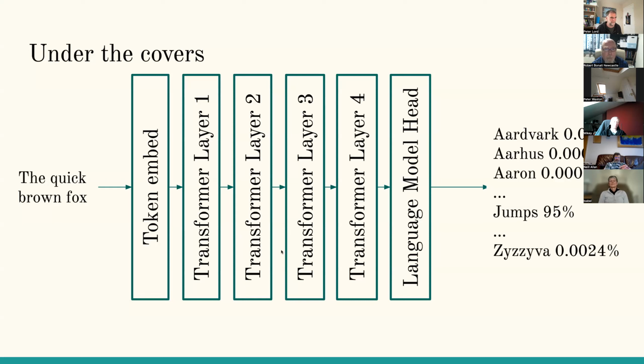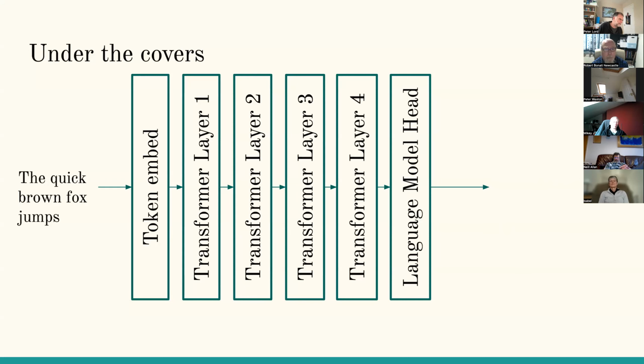The highest probability word is jumps, and we get that. So it's very much an iterative process, one word or one token at a time, which is why when you run these language models, you see it jerking. It's actually going around this loop.